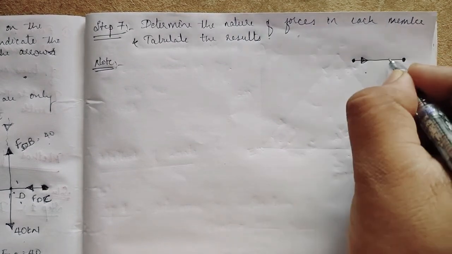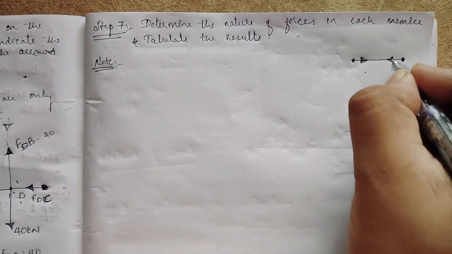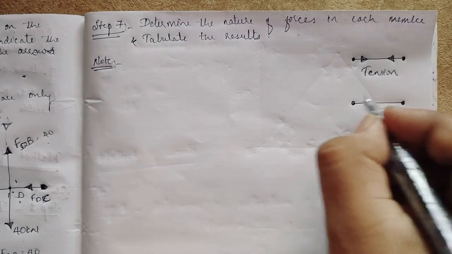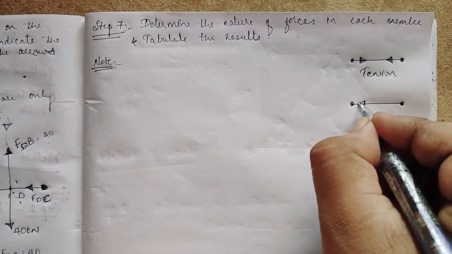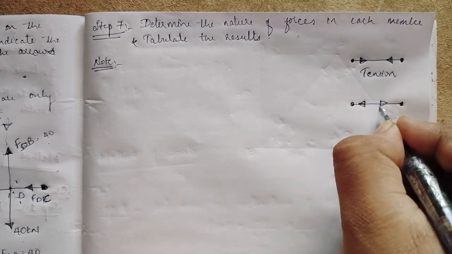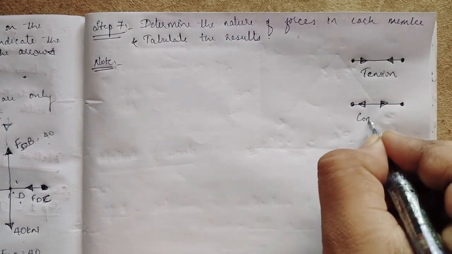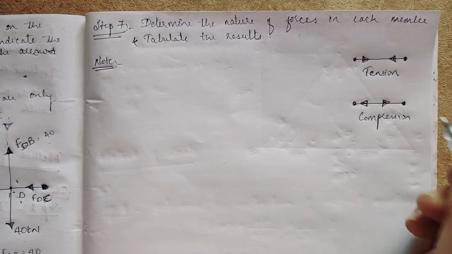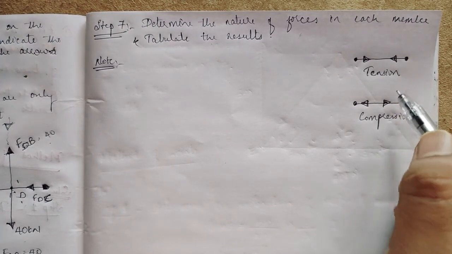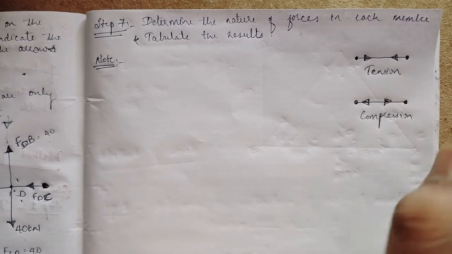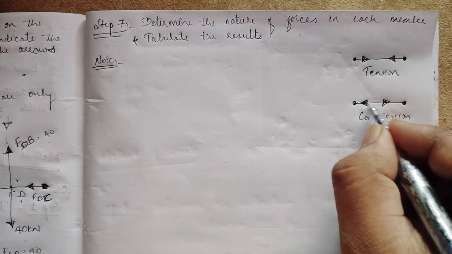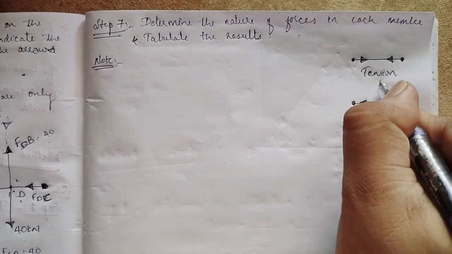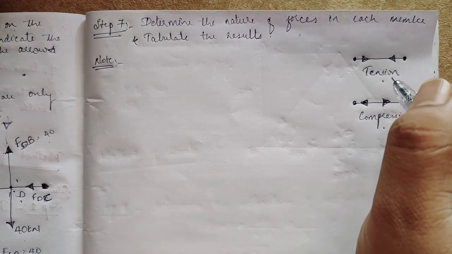So two forces are coming towards each other. This is the tension force in the joints. What about compression? Ulta. The forces going away from each other is nothing but the compression. So it is in the joints. If it comes in the member, it is a different issue. Okay, don't go to that now. If we mark like this in the members, it is compression force. If you mark like this, it is tension force, right?